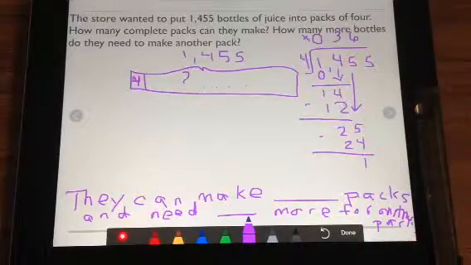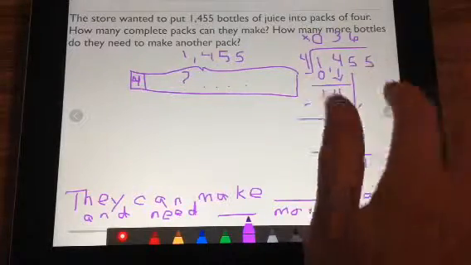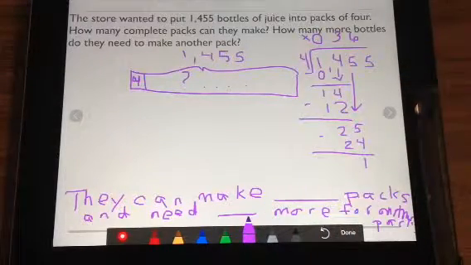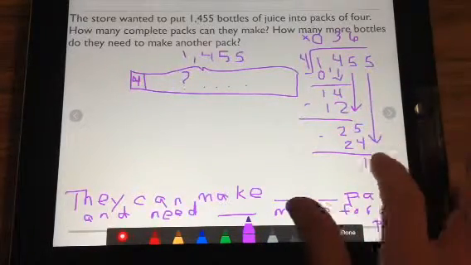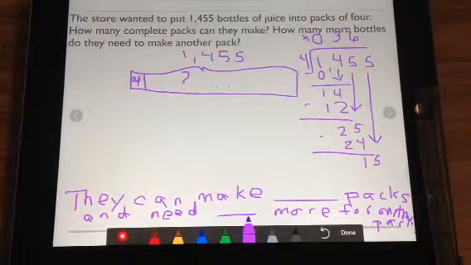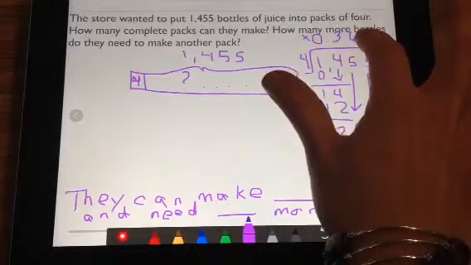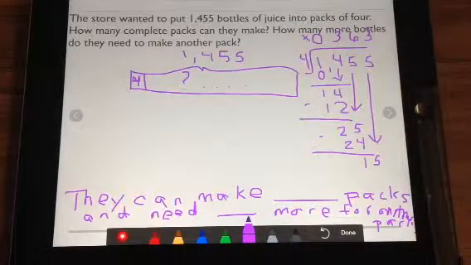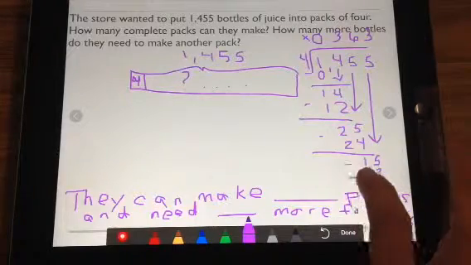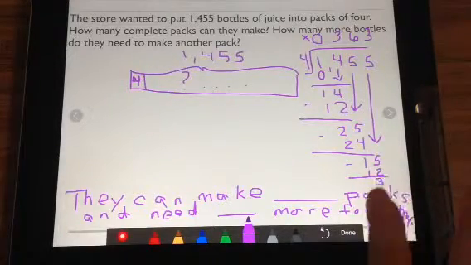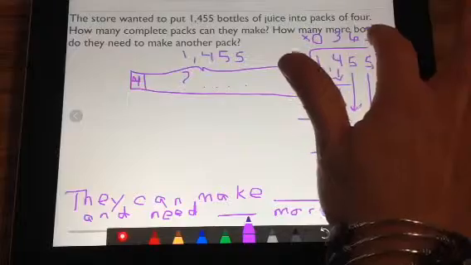Subtract that, and I have 1 ten left. I still have a number, so I have to unbundle again. My 1 ten is how many ones? Right, 10. Bring down my 5 ones I originally had, and now I have 15. I know that 15 into 4 groups is about 3 times, because 3 times 4 is 12. If I subtract them, I get 3 ones remaining.